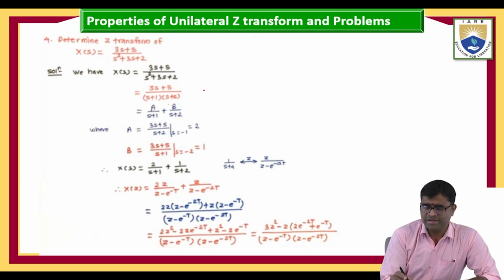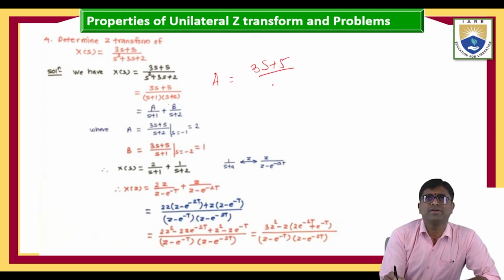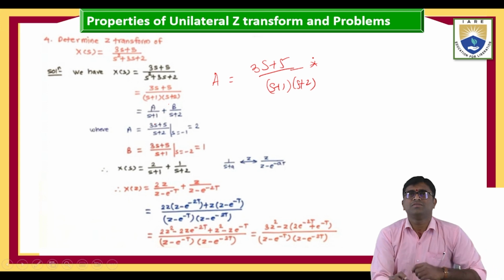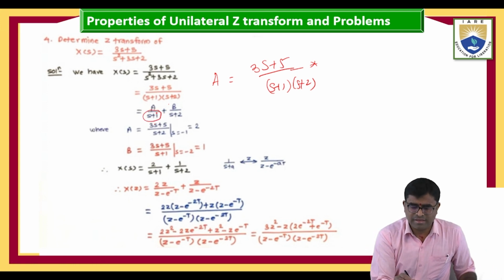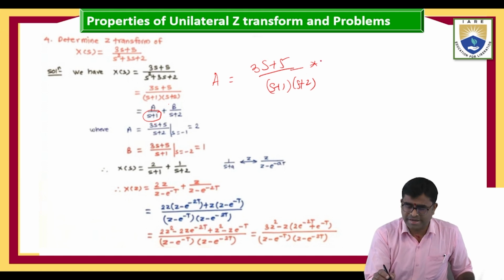First, for finding the A value, we take the total function, that is 3s plus 5 by s plus 1 into s plus 2, and multiply by the factor s plus 1.